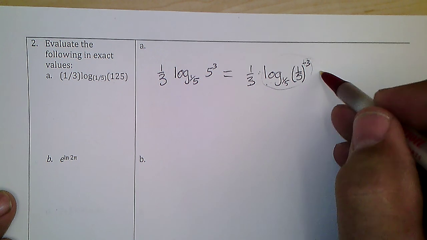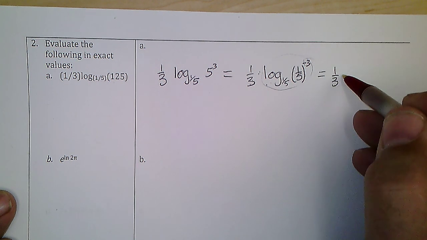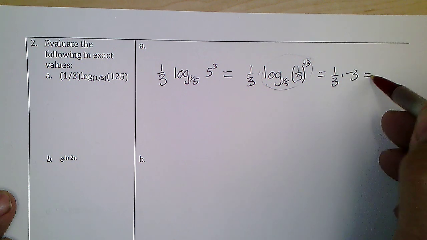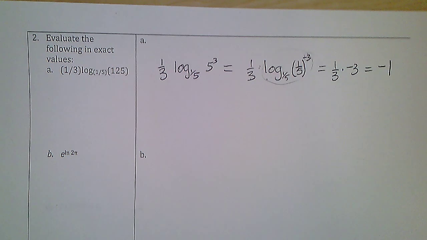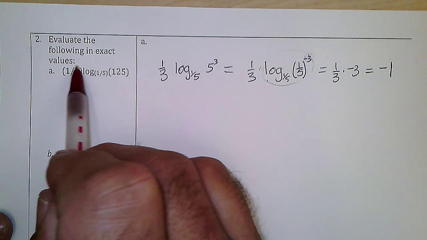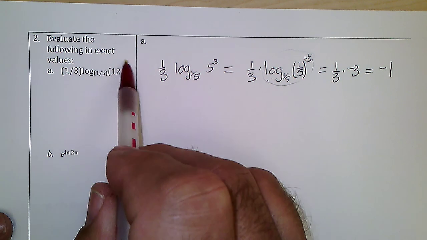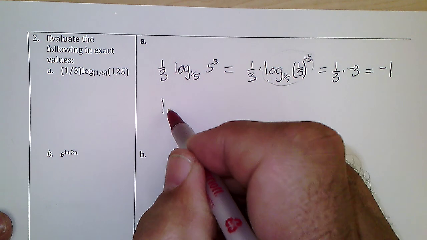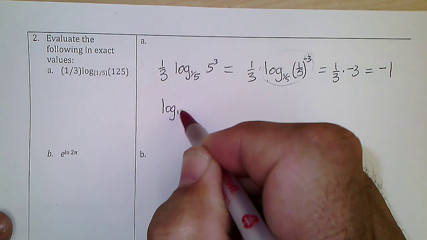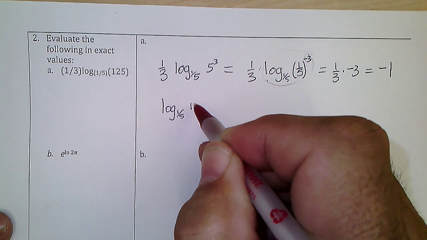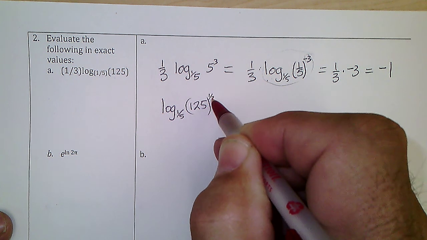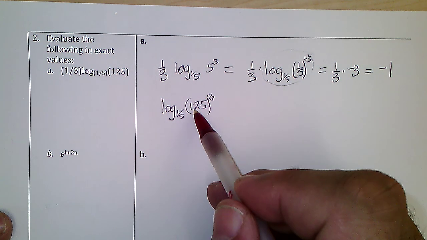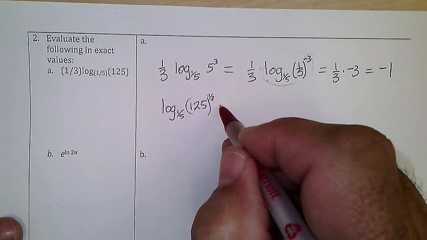So we got 1/3 times -3, which is -1. Now, another way to think about this is I could take the 1/3 up as the power, and I could say log base 1/5 of 125 to the 1/3, and 1/3 means cube root, and the cube root of 125 is 5.